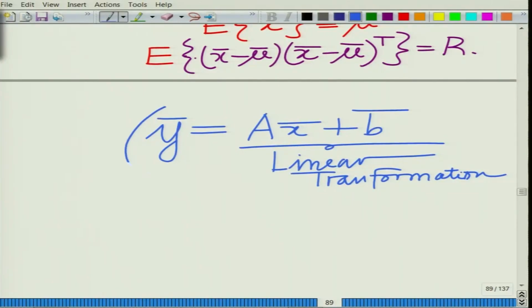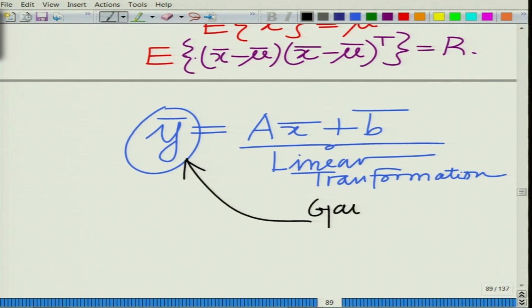So, multivariate Gaussian, with the components x1, x2, xn jointly Gaussian, linearly transformed leads to another multivariate Gaussian probability density function, that is leads to a Gaussian random vector. So, y bar is also Gaussian in nature.